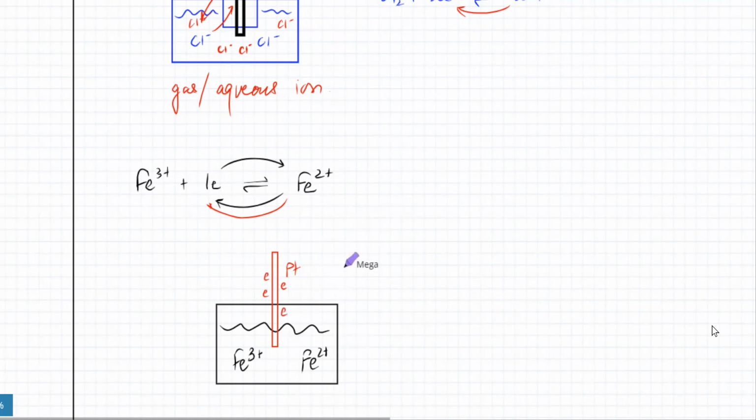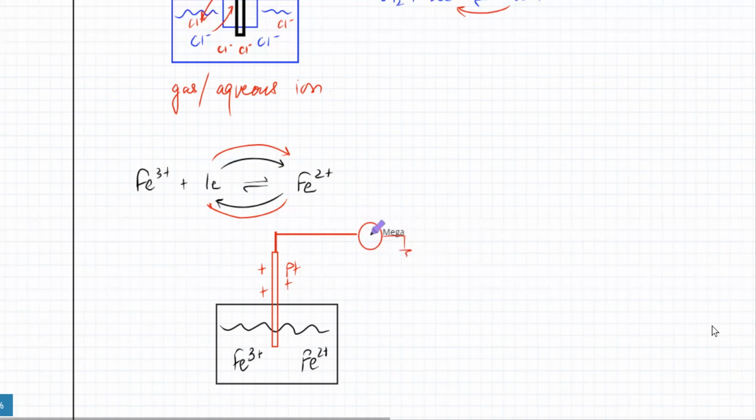Vice versa, if Fe3+ likes to gain electrons, it gains them from the metallic rod, from the sea of electrons present, and the rod would become electron deficient. Whatever happens, at the end of the day there's going to be a reversible reaction, and the potential that builds up is going to become constant.